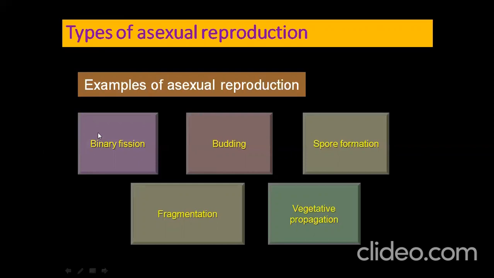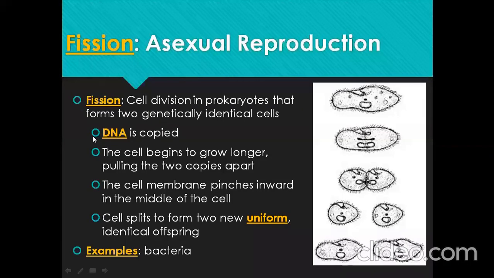Now let's move toward binary fission. Binary fission is cell division in prokaryotes, meaning bacteria, that forms two genetically identical cells. Like this is a bacterium, right?